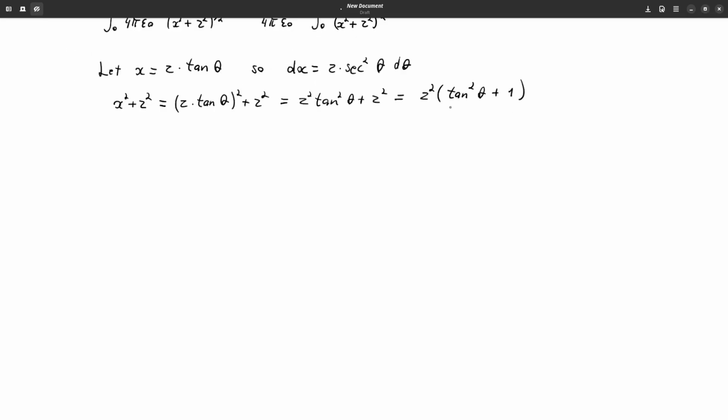Remember trigonometric identities? The expression in parentheses turns out to be just the secant of theta squared. To see why, use the identity, sine squared theta plus cosine squared theta equals 1. Then divide by cosine squared theta on both sides.